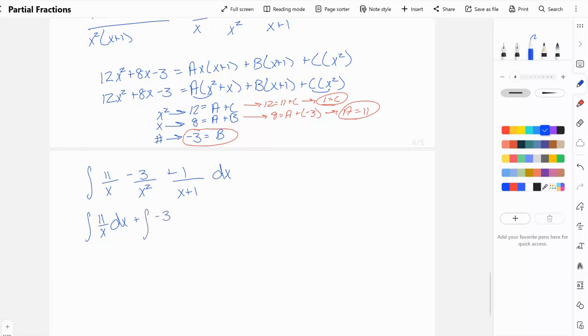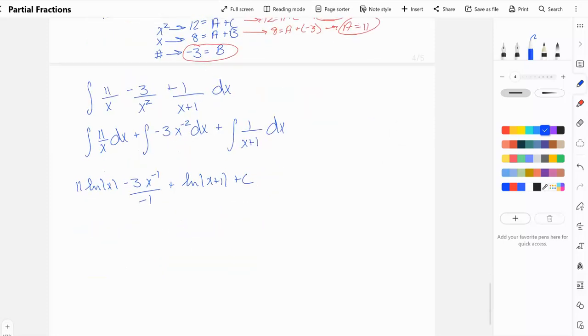That second piece we would rewrite as x to the negative 2. So I'm going to get 11 ln absolute value of x minus 3 x to the negative 1 over negative 1 plus ln absolute value x plus 1 plus c.